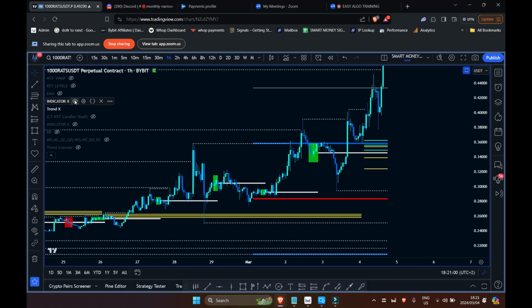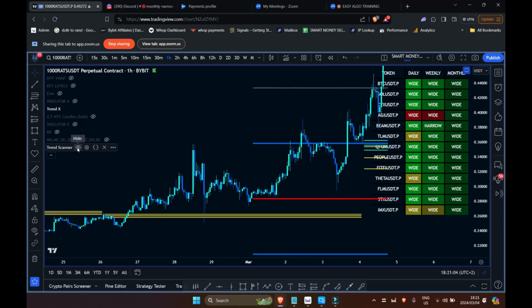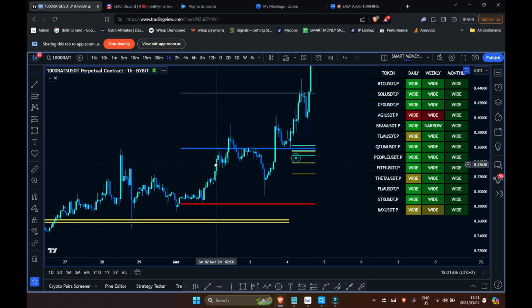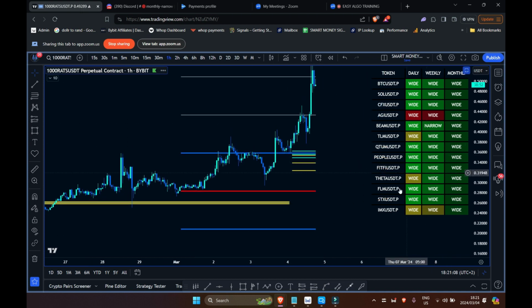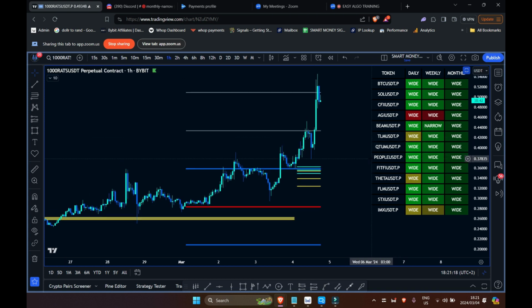Okay, so now I want to show you guys a bit about this. I want to first go a little bit into the scanner, the Scanner X, which is for PineScript, which is the TradingView version. So basically, the new one that I've built is exactly the same as this.